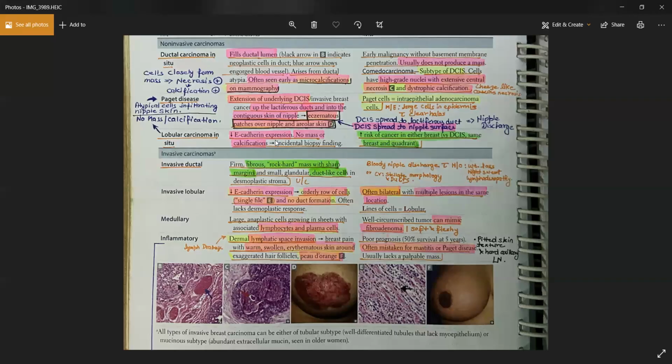Because these cells are moving inside the tissue, they won't form any mass. And because they are not forming any mass, no calcification will be seen.